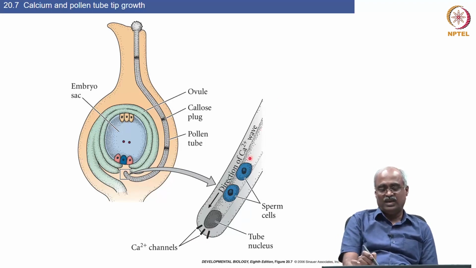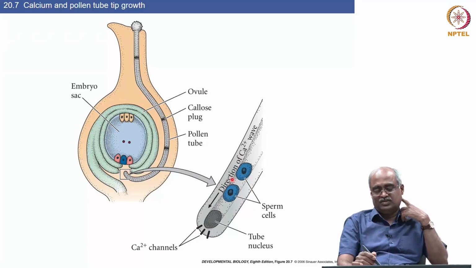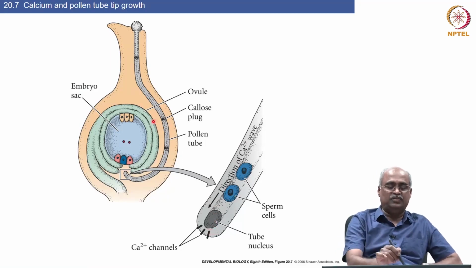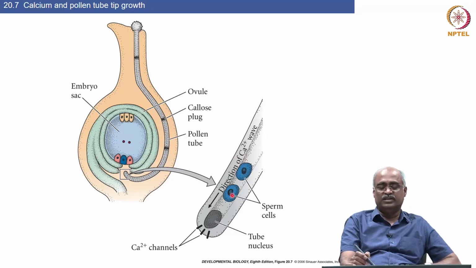This calcium wave is important, and you have calcium channels on the tip as well as on the shanks, and they are responsible for properly guiding the tube and for the successful pollination, for the successful germination of the pollen grain. In the incompatible situation, it has been observed that this calcium wave is disturbed, and when the calcium wave is disturbed, again you do not have successful germination of the pollen grain. So this is a third variety.